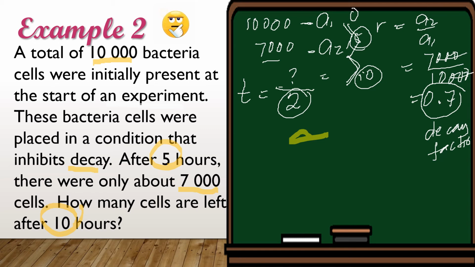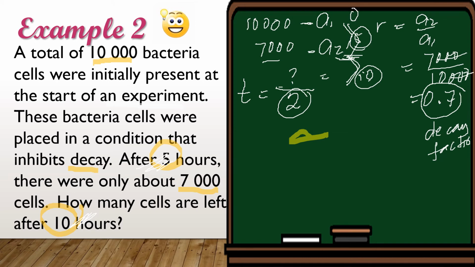Then after 10 hours, another 5 hours after 7,000. So it means to say time is 2. Or simply divide 10 by 5. So here in the given, 10 divided by 5 will give us 2 also.